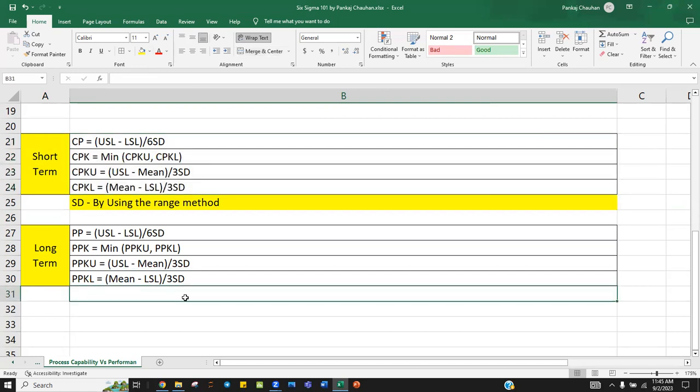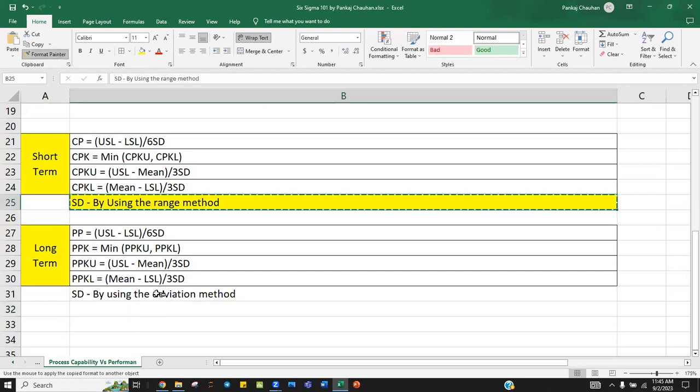If you calculate the standard deviation by using the deviation method, then it will be your PP and PPK.